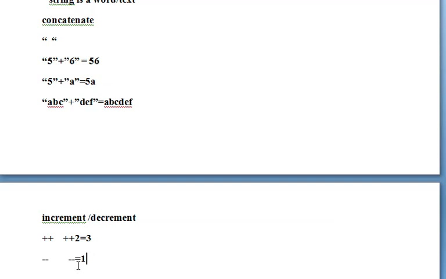They also have postfix notation as well as prefix notation. Prefix means using the operator sign before the operand, and postfix means using the operator after the operand. Like plus plus a is the prefix notation, and a plus plus is the postfix notation for the increment operator.